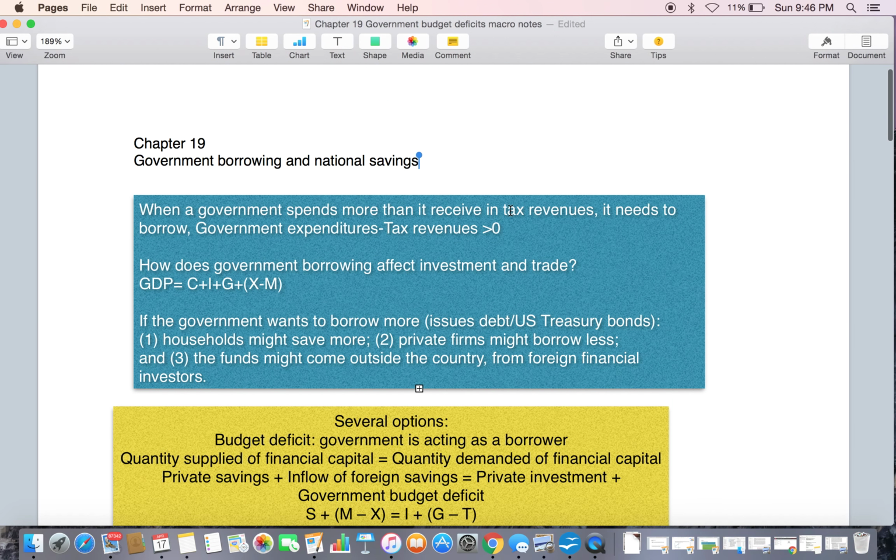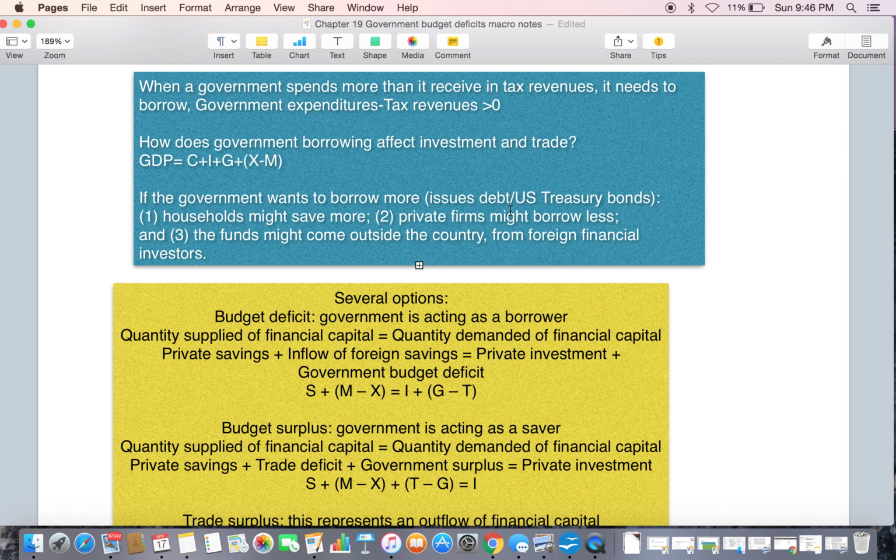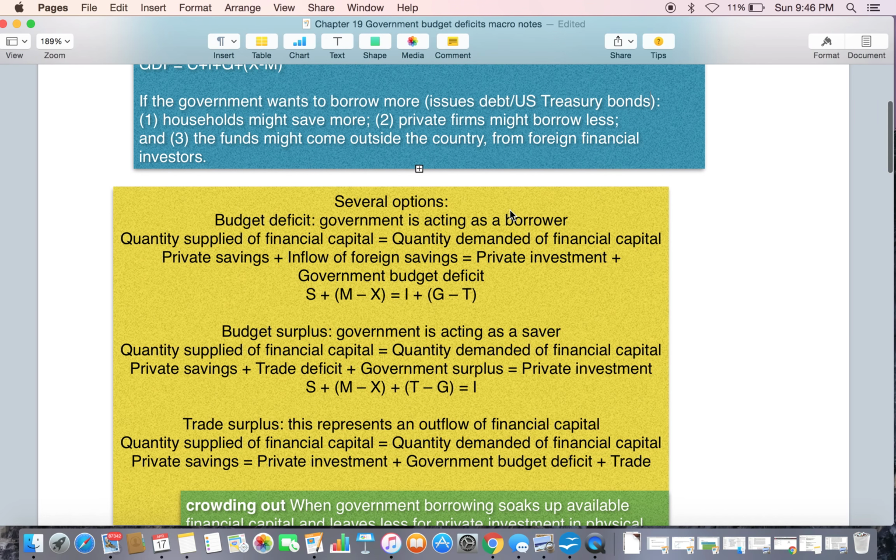We're going to look at our national savings and investment identity here. So this is a little bit of a refresher since you already are aware of what these terms mean. But let's consider several options. So if we have a budget deficit, the government is going to be acting as a borrower. That is, the government expenditures are greater than their tax revenues.